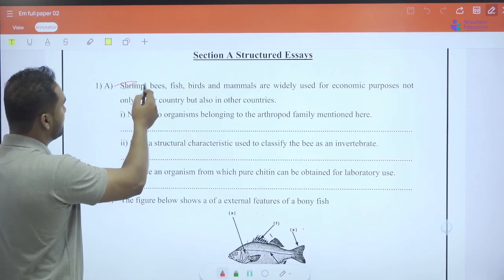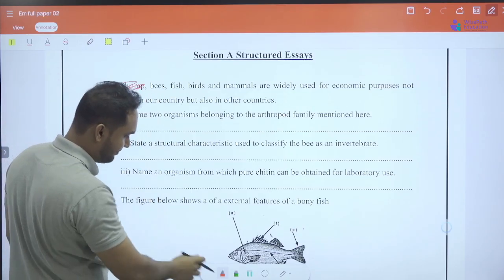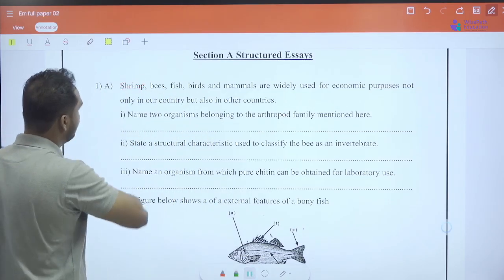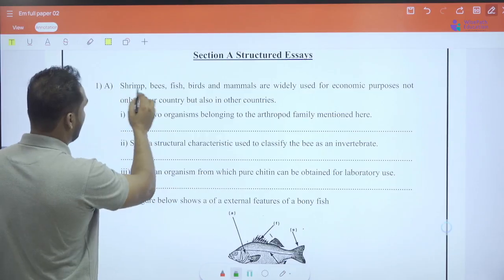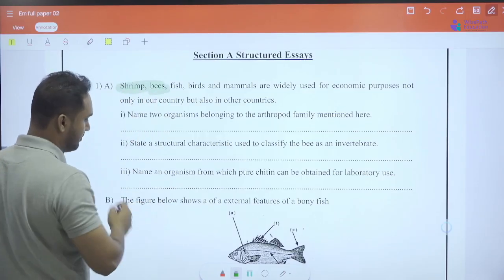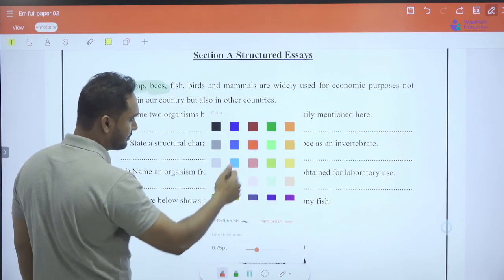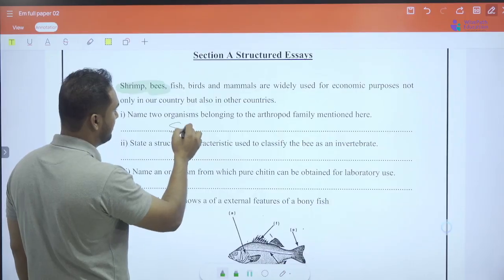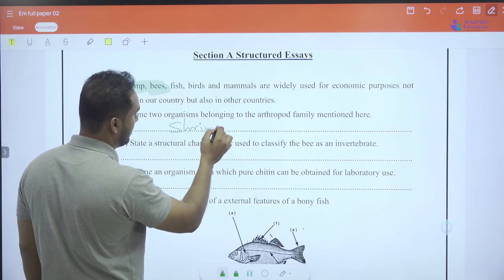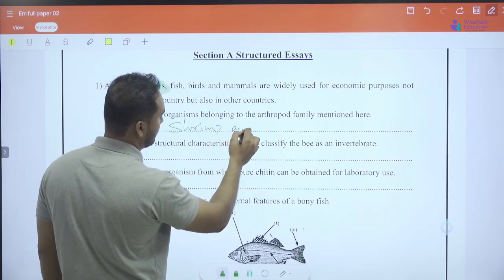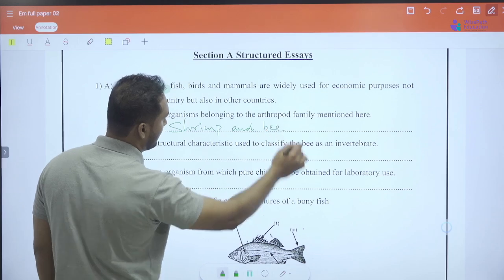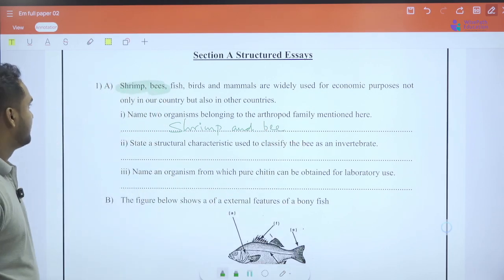One is a shrimp. The other one is the bee, right? So the shrimp and bee.